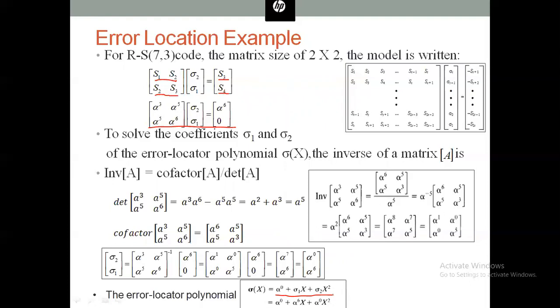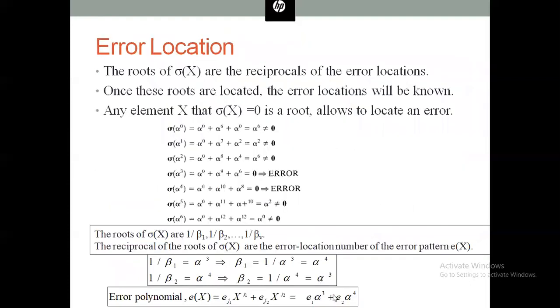with the help of this locator polynomial. Now for the location, we substitute the values of the roots in the error polynomial. So first we substitute alpha naught to alpha 6. If the value is non-zero, it means there is no error.